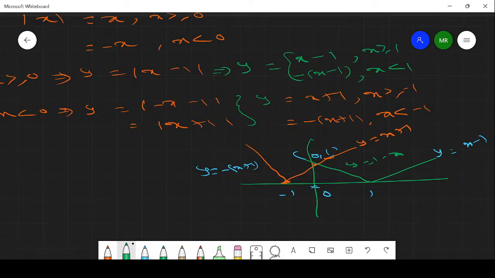Then what is the required area here? They are asking, now you can observe here, the required area is this one. Correct?